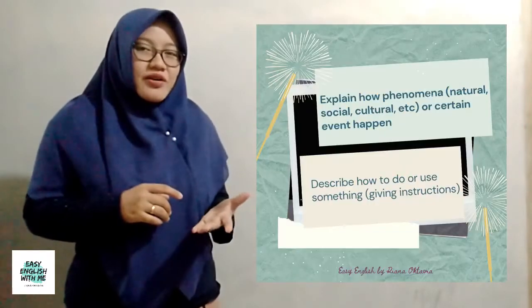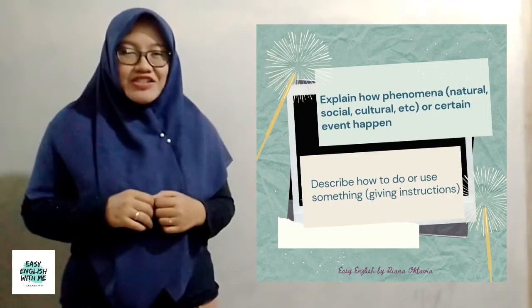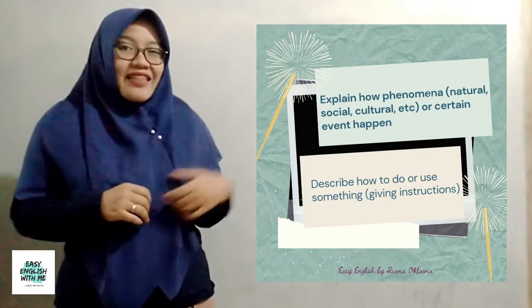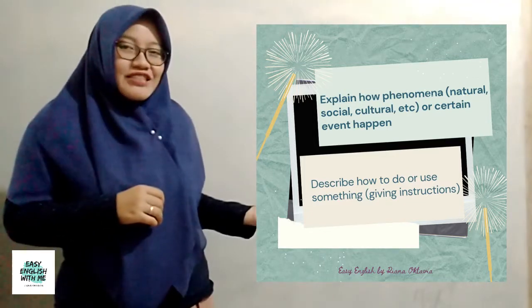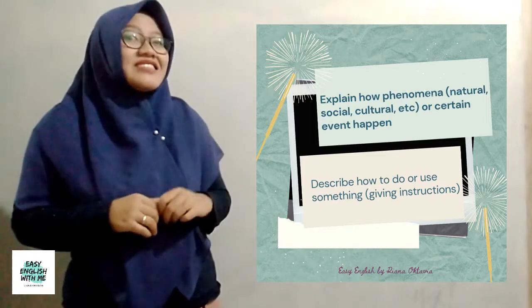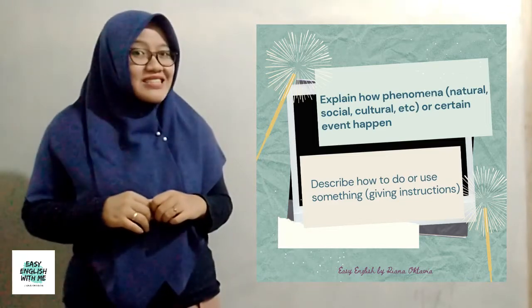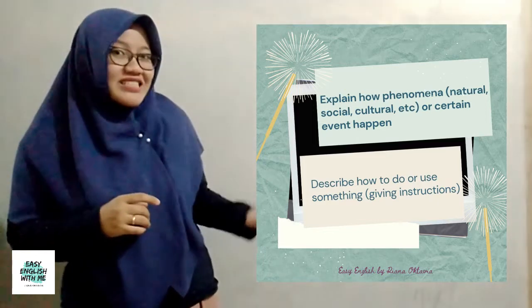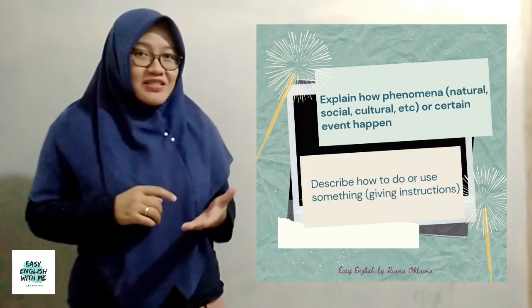Yes, the first one is the definition or the purpose of explanation text and procedure text. There are two boxes here. So, which one is the definition of explanation text? Can you guess? Or which one is the definition of procedure text?